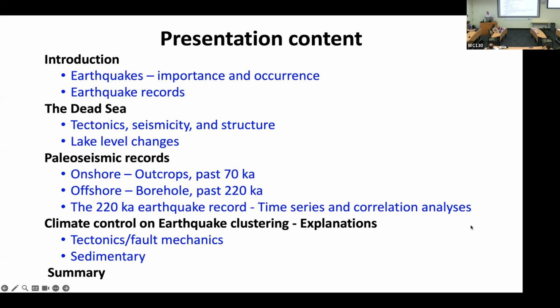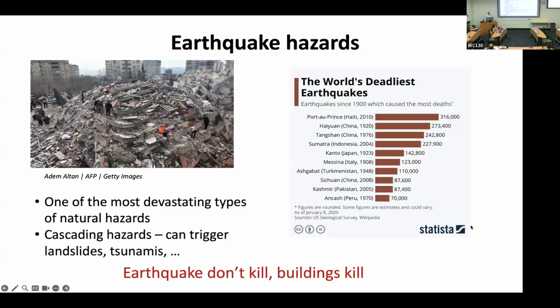And then time series analysis, correlation analysis, some basic things when we have numbers. And how do we explain that we have climate control on earthquake clustering? And then a summary.